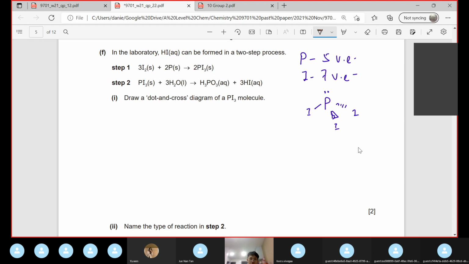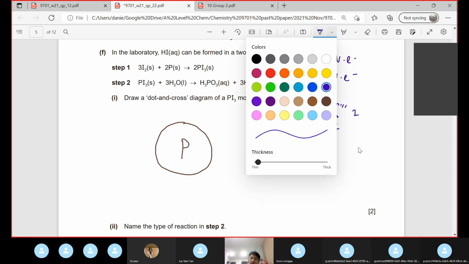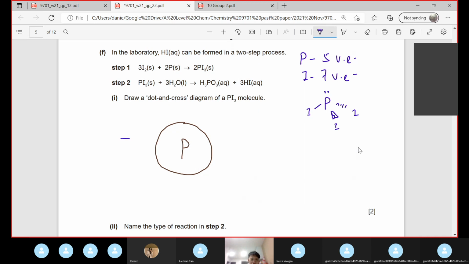So when it comes to drawing the dot and cross diagram, we will write down P as the central atom. Usually we will write it at the start. So P, then you draw the circle. Then I use another color.